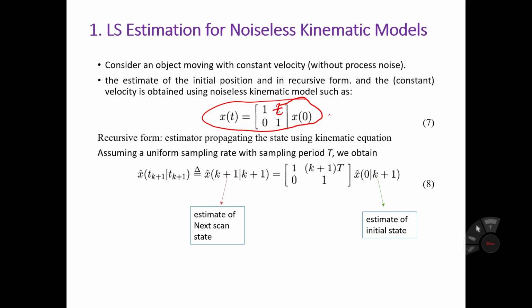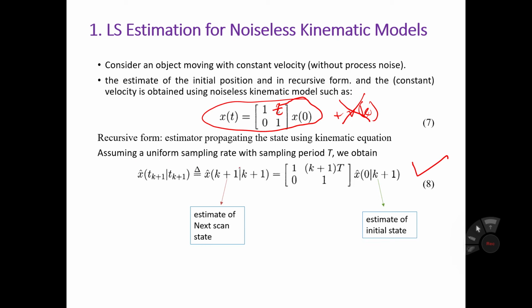Here we are not adding the v of k, so the system is the noiseless kinematic model. In the recursive form, the estimator propagates the state using the kinematic equation like above, which is the recursive propagation determined by the estimator.